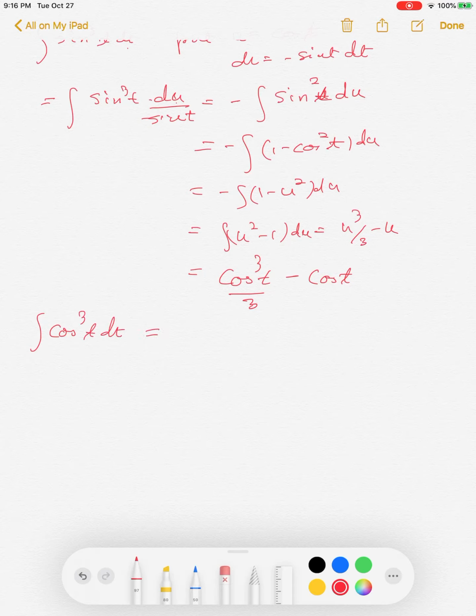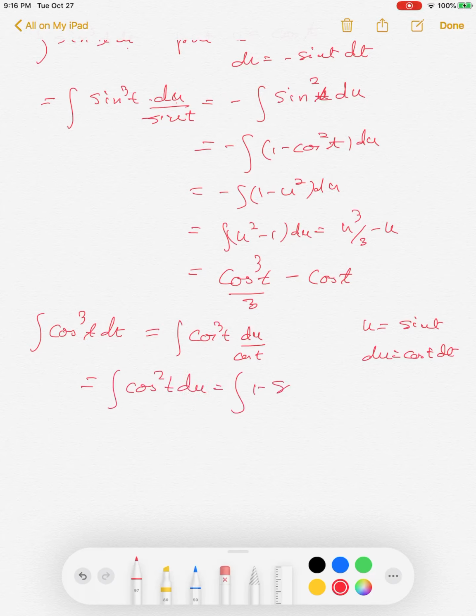And let's evaluate the integral of cos cube t. That's not hard again. You put u equal to sine t here. So du will be cos t dt. So cos cube t dt will be du over cos t times cos square t, which is 1 minus sine square t du.